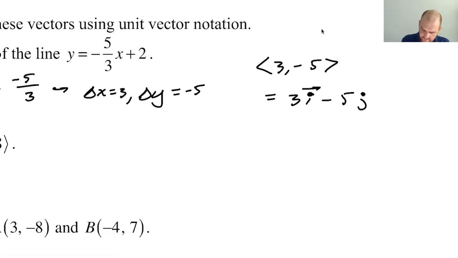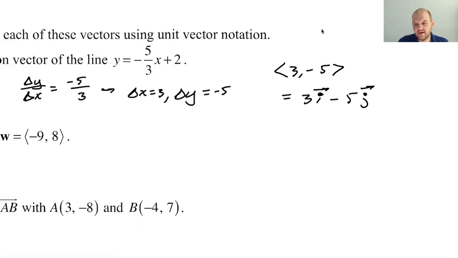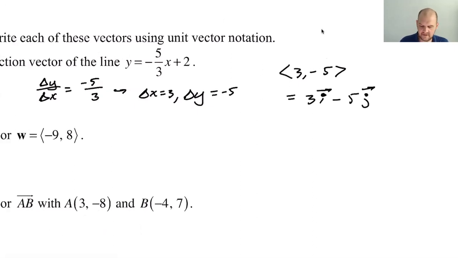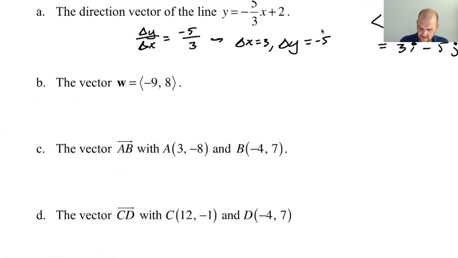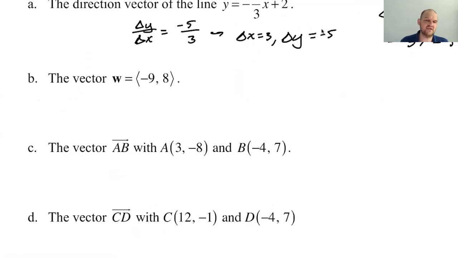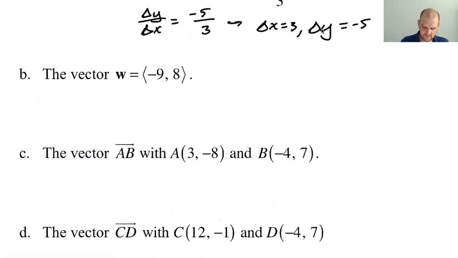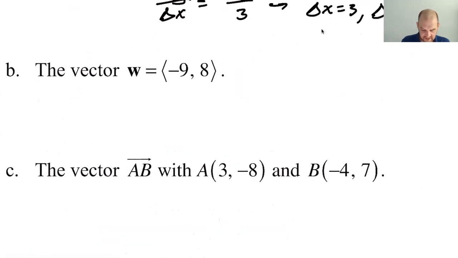You've got to know these things, right? You don't want to be thrown for a loop when somebody says, oh, -9i plus 8j, and you're like, what? I thought we were talking about vectors, and vectors look like ordered pairs. Well, sometimes.